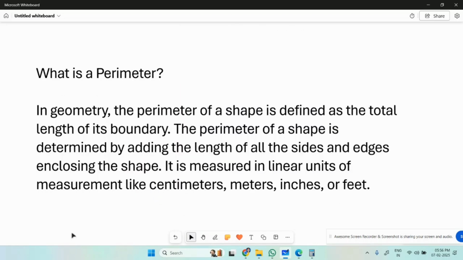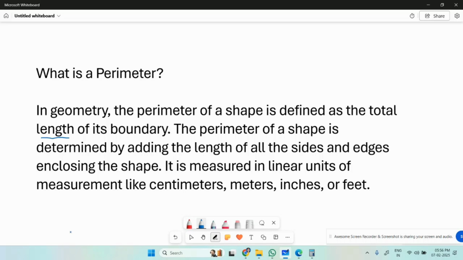What is perimeter? Perimeter means sum of all the sides of a shape. In geometry, the perimeter of a shape is defined as the total length of its boundary.